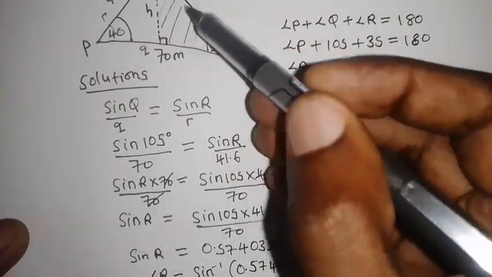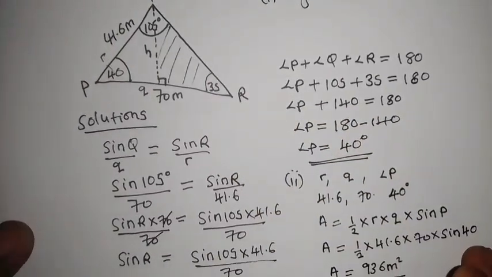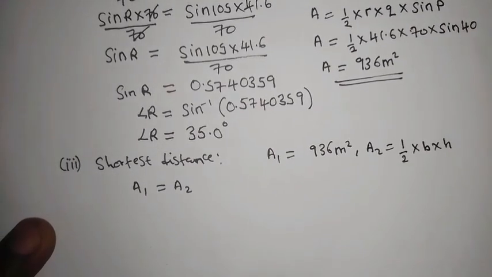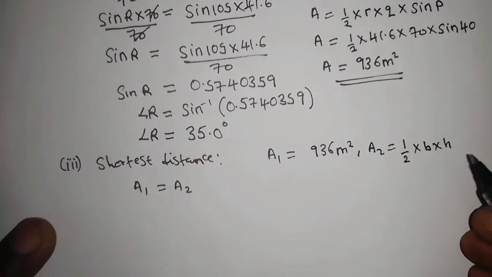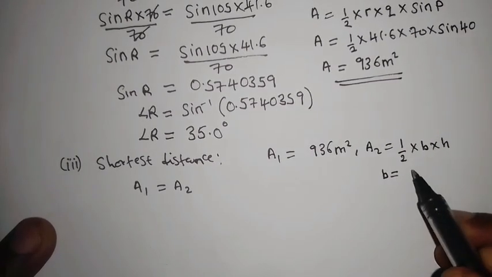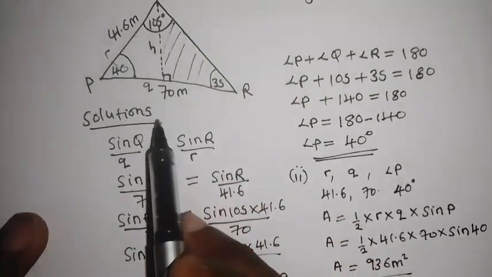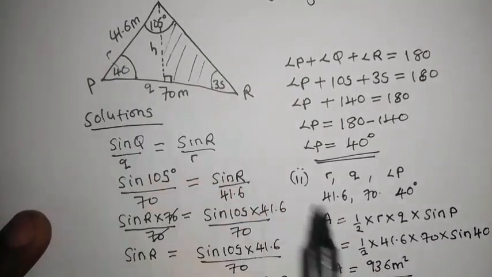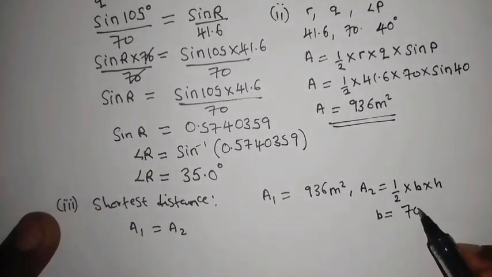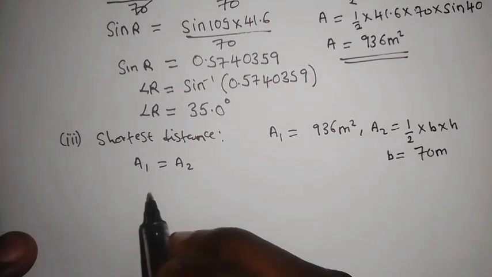This is the right angle triangle, and that is the h there. The b in this case is the distance along the base at the bottom there, which is 70 meters. So all we have to do is use this simple principle.